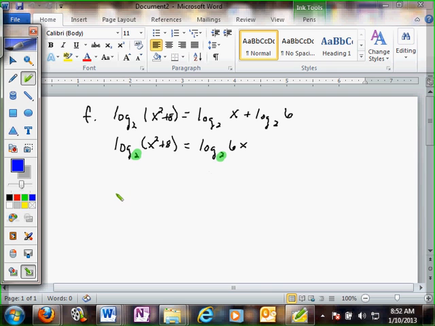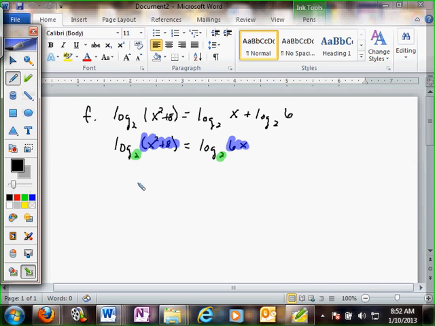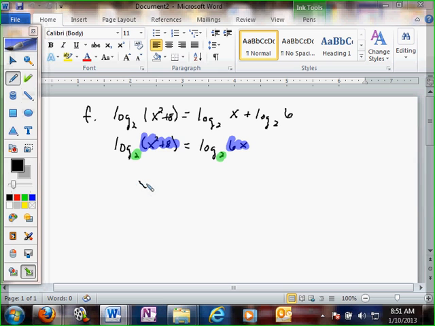And if I have that, then what that tells me is what's on the inside is equal to each other as well. So all I have is a quadratic equation. X squared plus 8 is equal to 6x. So again, if you have two logs of the same base, one on each side, then the insides are equal to each other.